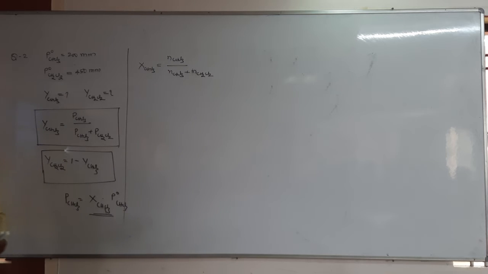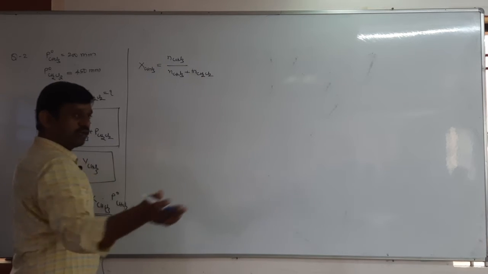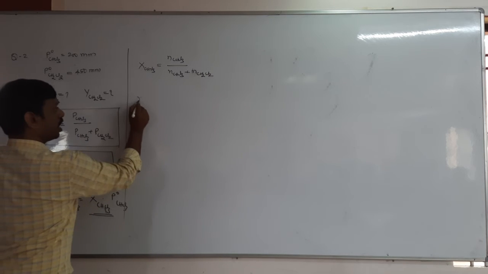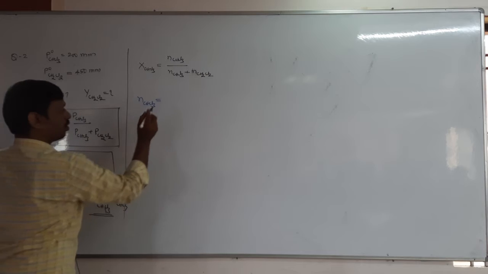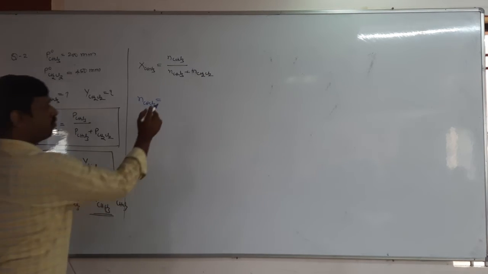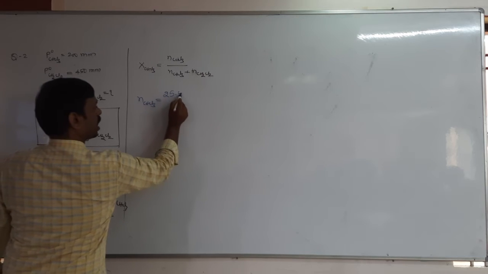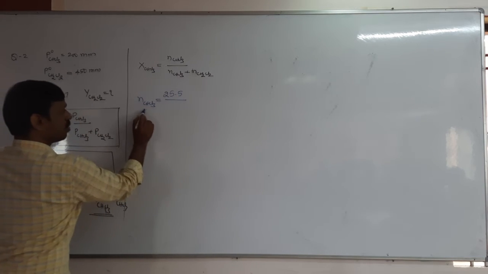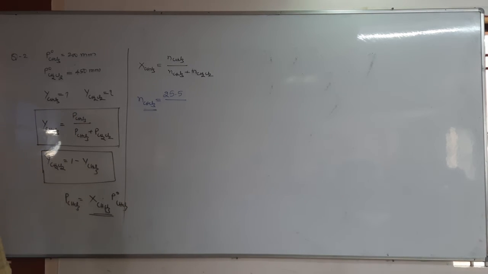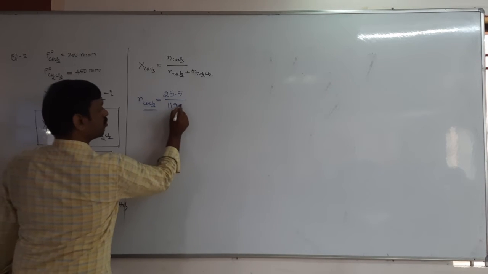It means you need to calculate first the number of moles of chloroform and the number of moles of dichloromethane. The mass of chloroform and the mass of dichloromethane are given. So N chloroform is equal to 25.5 grams divided by the molecular mass of chloroform: carbon 12, hydrogen 1, chlorine 35.5, that is 119.5.